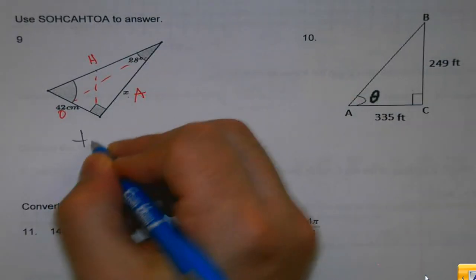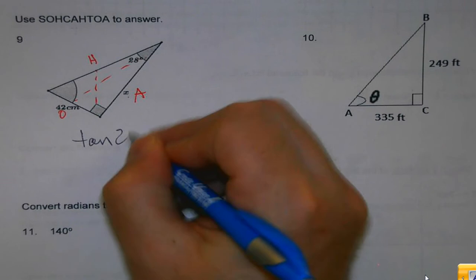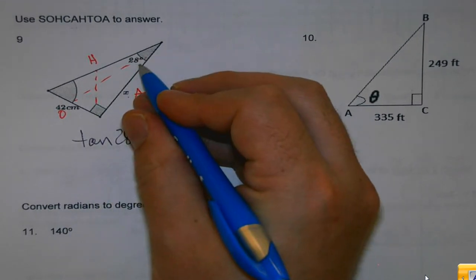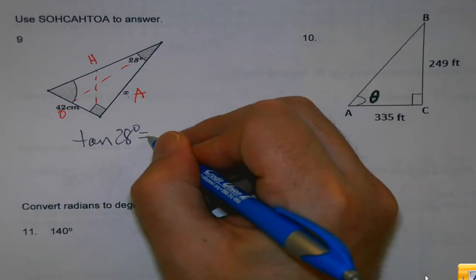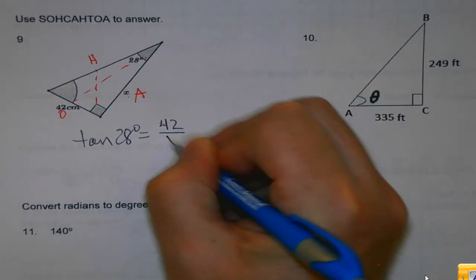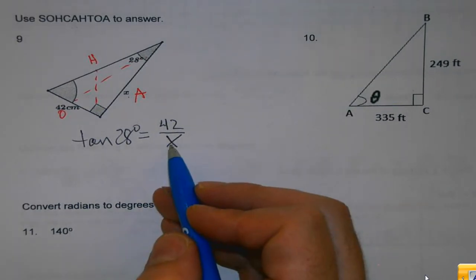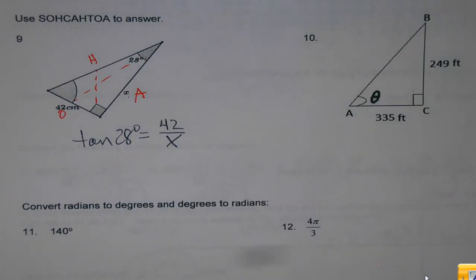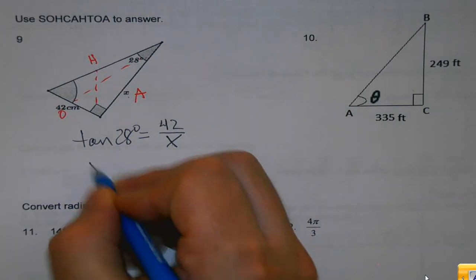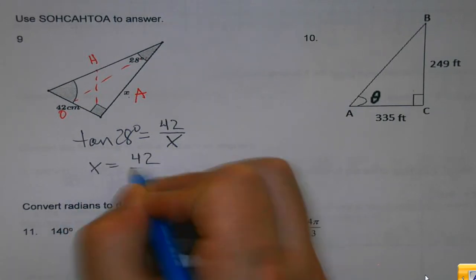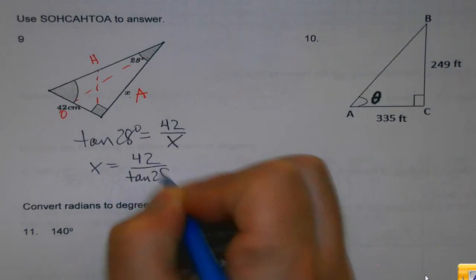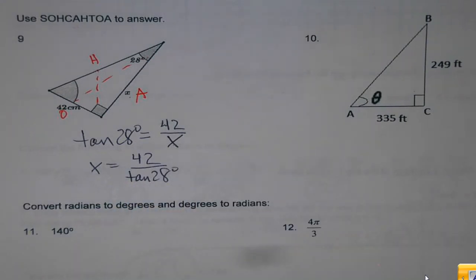I already got tangent happy on this. So tangent of the angle that I'm given, got to use that, is opposite over adjacent. And like we talked about earlier on the story problem we had, if x is on the bottom, x is going to be the number divided by that. Or I could do it out algebraically like we did on the problem earlier.